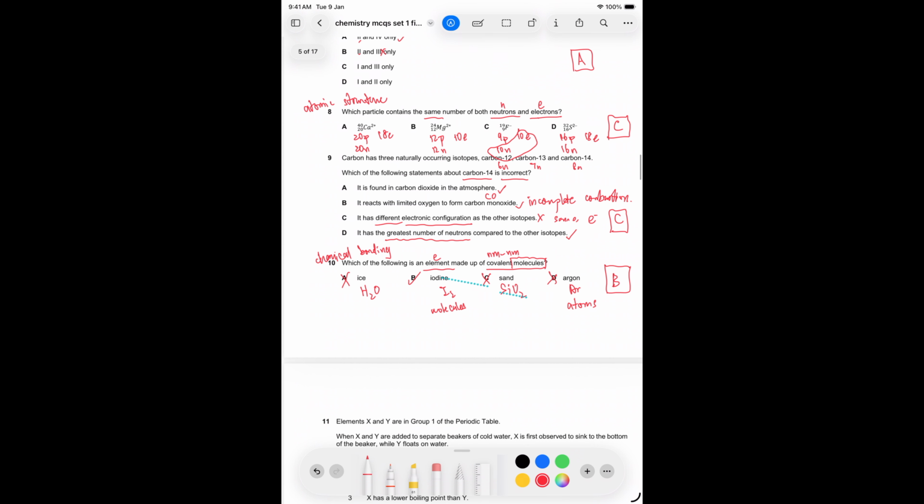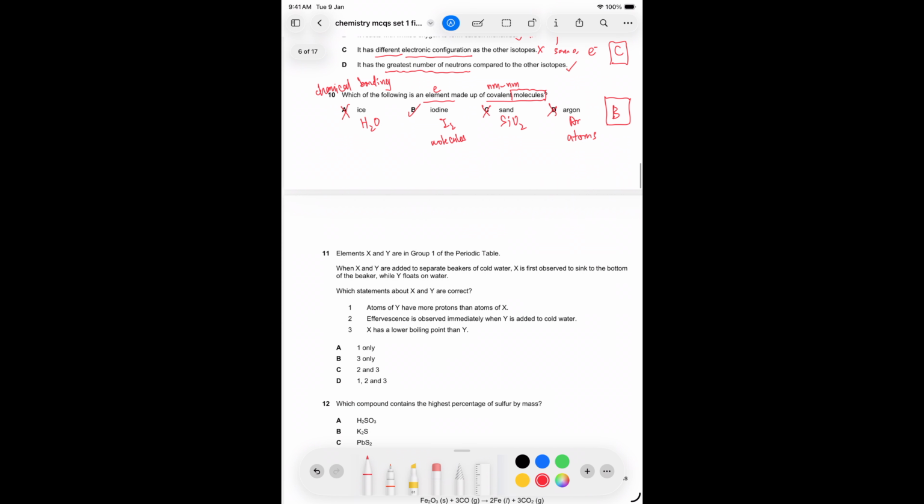Question 11. Elements X and Y are in group 1, so these are your alkali metals. This question is under the periodic table. X and Y are added separately into cold water.